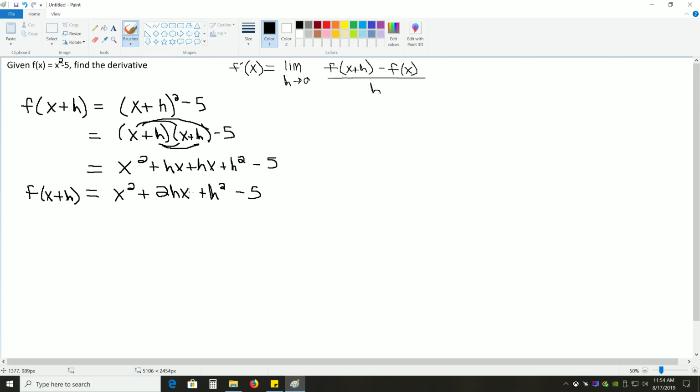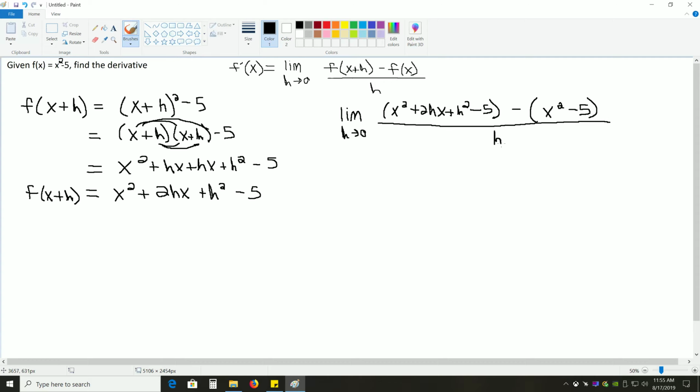And now that we have that, we can plug it into our formula. So we get the limit as h approaches 0 of f of x plus h, which is x squared plus 2hx plus h squared minus 5, and we're subtracting f of x, and f of x we just said was x squared minus 5, and this is all over h.